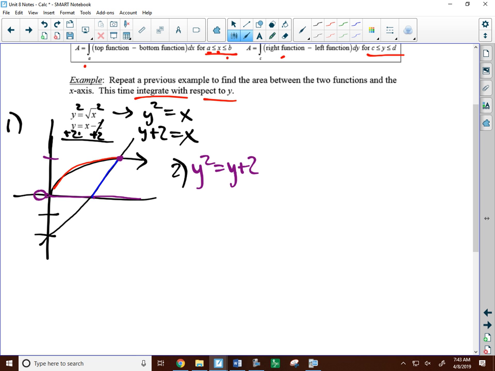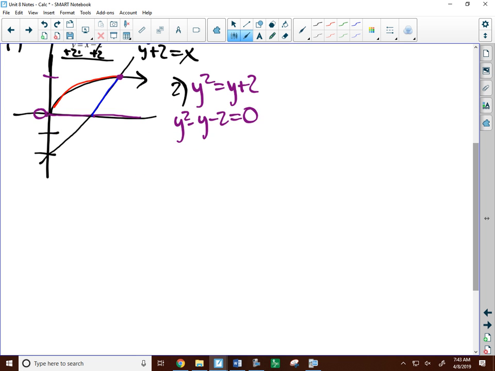This sets up a factoring one. I'll subtract y, I'll subtract 2. And then I can factor the trinomial. Multiply at -2, so -2, +1.